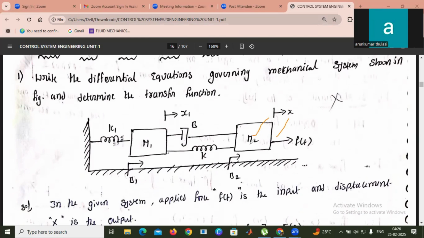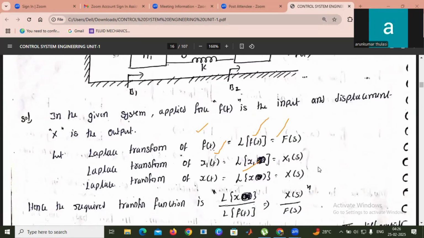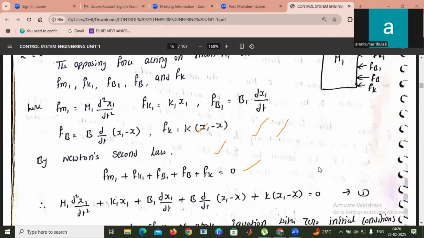Its mass itself creates an opposing force in the opposite direction, the second is friction created by the dashpot, the third is friction created by the spring element, and one is b2. So in total we have four opposing forces acting on the mass element m2.